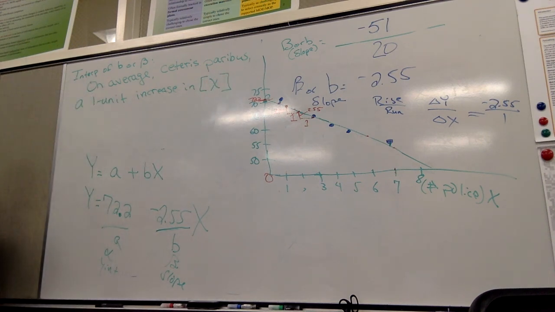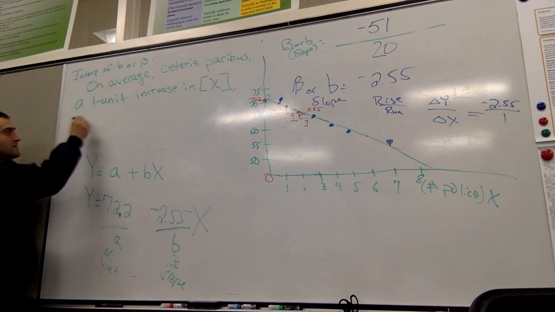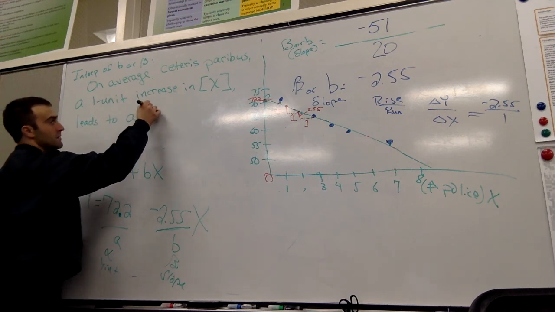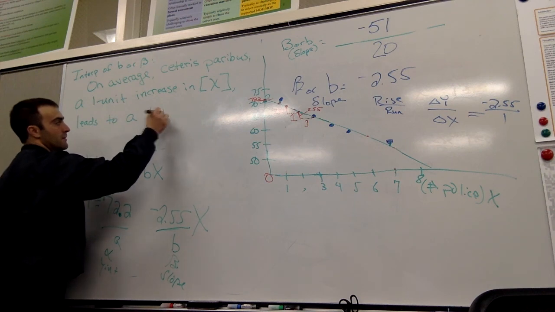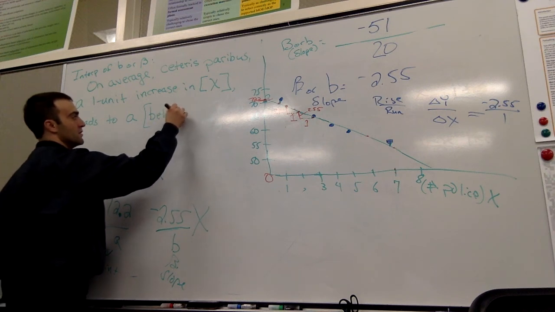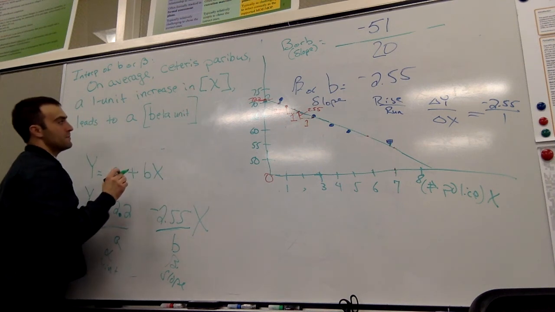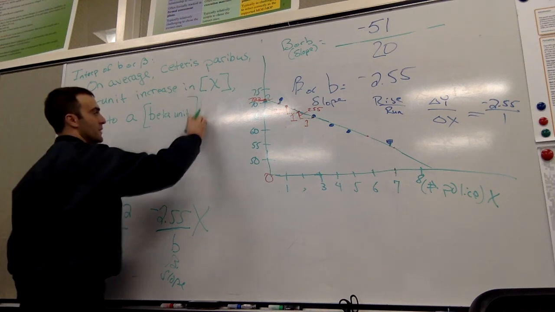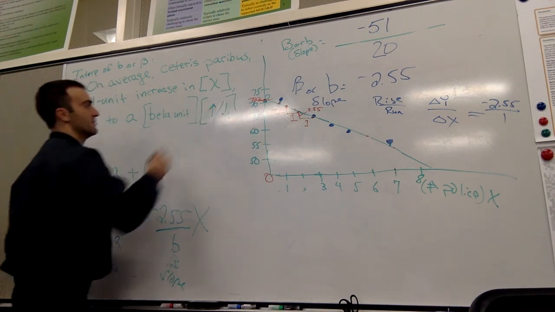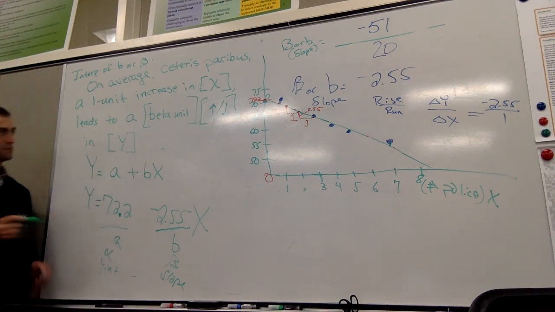A 1 unit increase in x leads to a, put that in brackets because you have to fill this in, beta unit, and you have to determine also increase or decrease in whatever your y is.